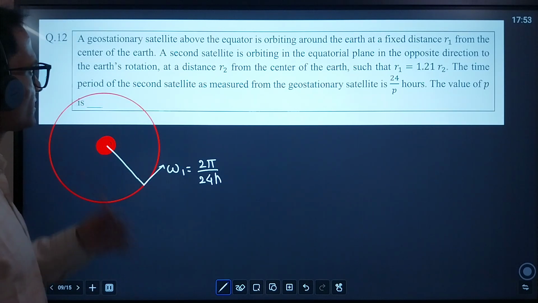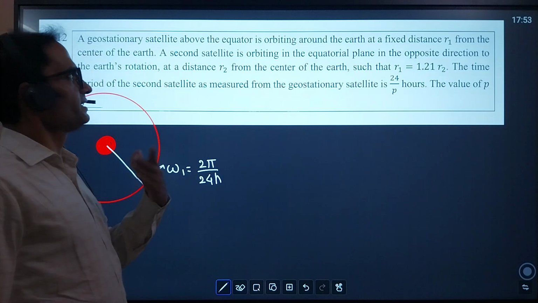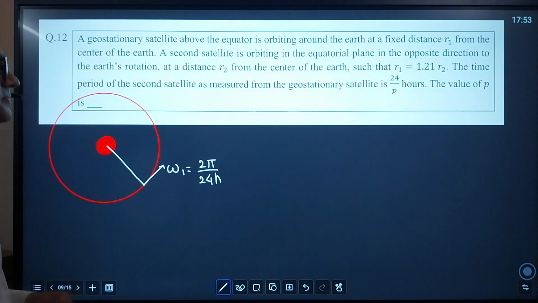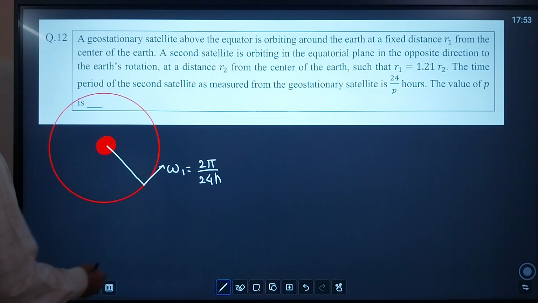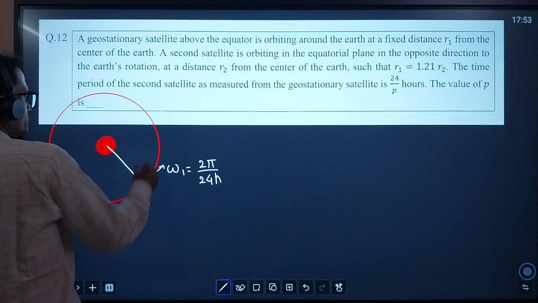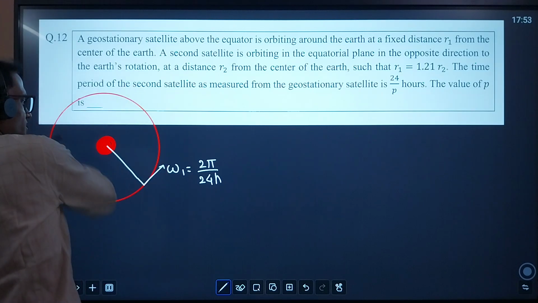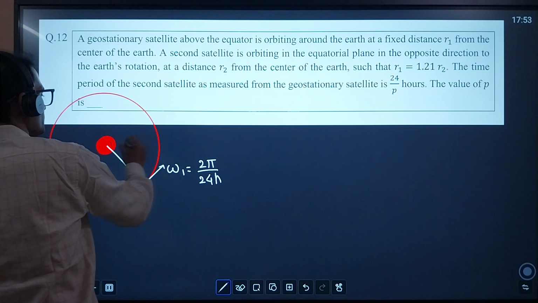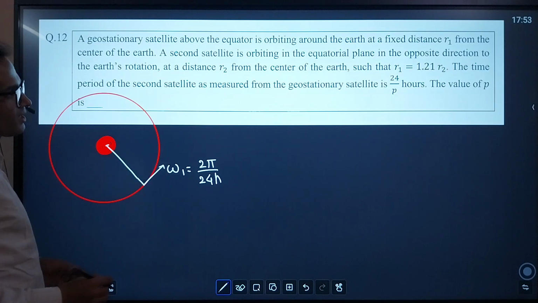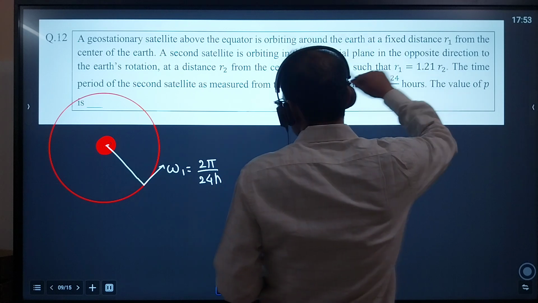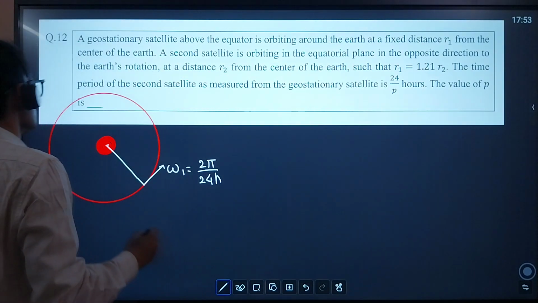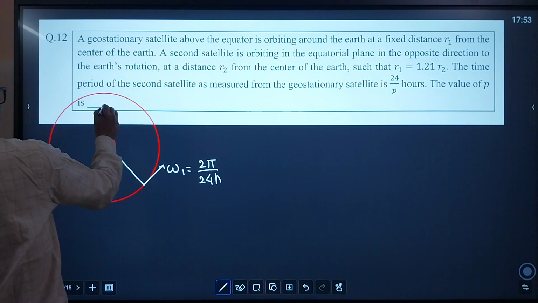We have a second satellite also, which is orbiting in the equatorial plane in the opposite direction. So if this is going this way, our other orbit r2 is smaller.